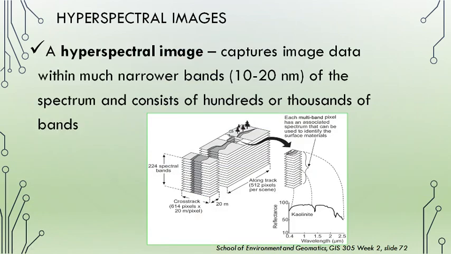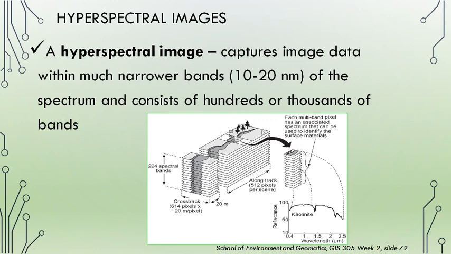And if you compare this to hyperspectral imagery, here we're talking about data that is captured within much narrower bands, of the order of 10 to 20 nanometers, so very narrow bands of the electromagnetic spectrum. And it consists typically of hundreds or even thousands of bands.